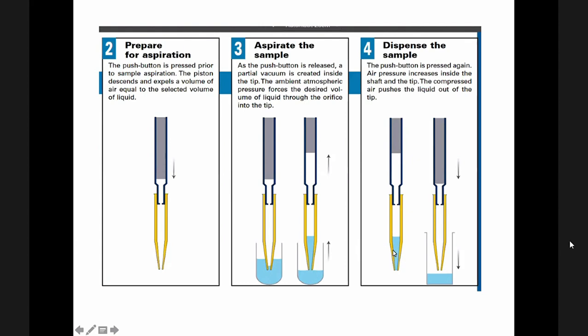After that, you dispense the sample into the container. You push the button again. The air pressure increases inside the shaft and the compressed air pushes the liquid out of the tip, into the test tube or whatever container you are using.